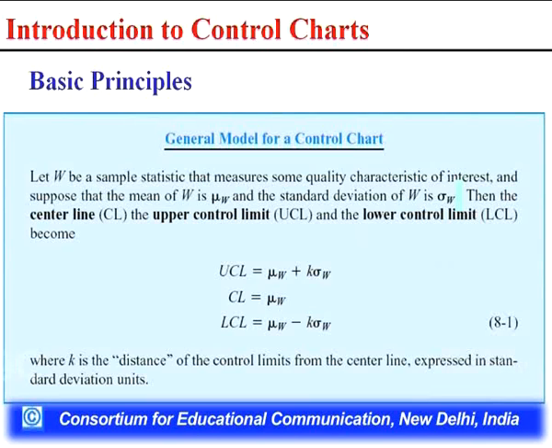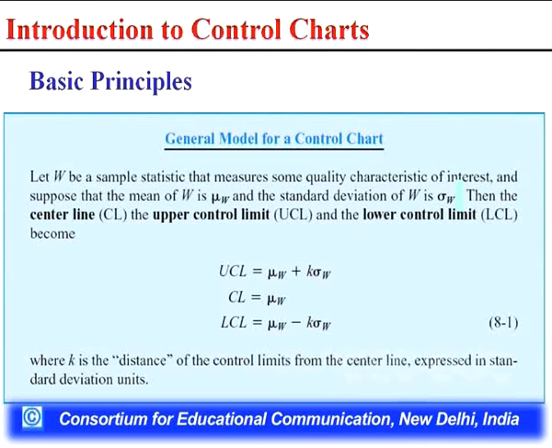General model for a control chart. Let W be a sample statistic that measures some quality characteristic of interest, and suppose that the mean of W is mu W and the standard deviation of W is sigma W. Then the center line CL, the upper control limit UCL and the lower control limit LCL become as follows.